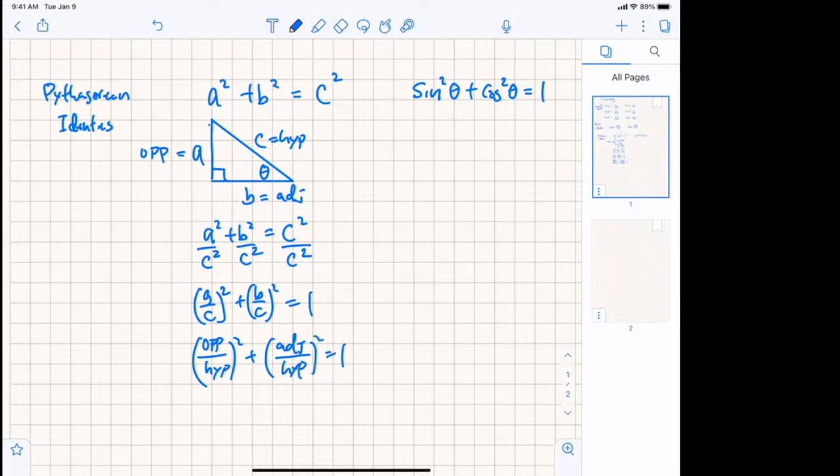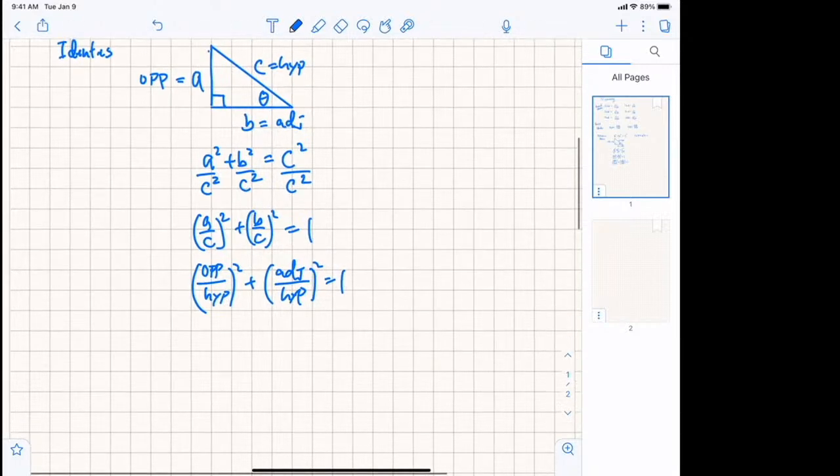Does this make sense so far? Yeah. Opposite over hypotenuse is what? Sine. So it's sine squared theta plus cosine squared theta equals 1.